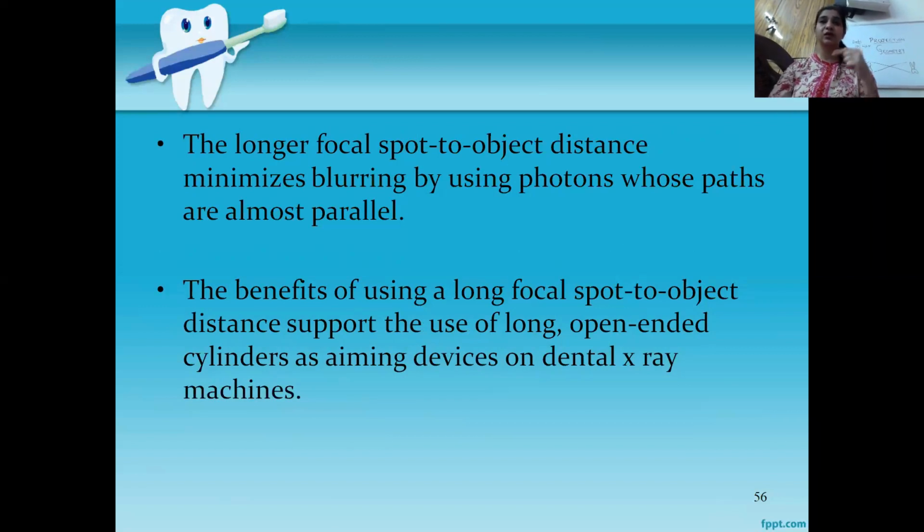So we use a collimator also. The benefits of using a long focal spot to object distance support the use of long open-ended cylinders as aiming devices on X-ray machines. The position indicating device that we see in the X-ray machine should be long and cylindrical, so that more X-ray beams are in the beam alignment and pass through and hit the target.